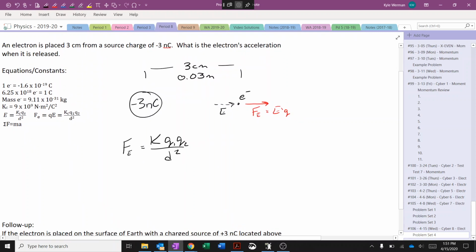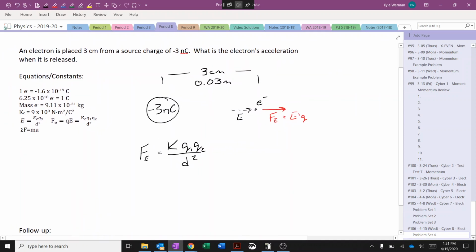So with the information given, we know the charge of an electron, we know K, and we have the distance. We can just plug right in and find the force that is exerted on that electron in that field. When I plug in the values, I have K, which is 9 times 10 to the 9.